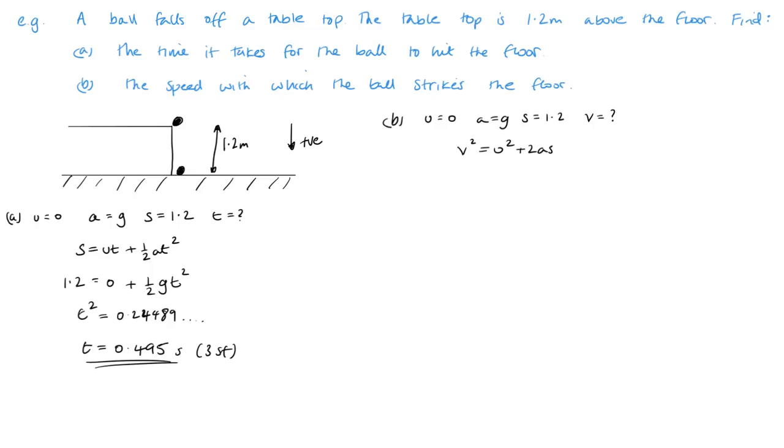And remember, always write down your formulae, not just because it is good practice, but it will help you remember, and you won't have to learn these formulae. So 0 squared plus 2g times 1.2 gives me that v squared is 23.52.